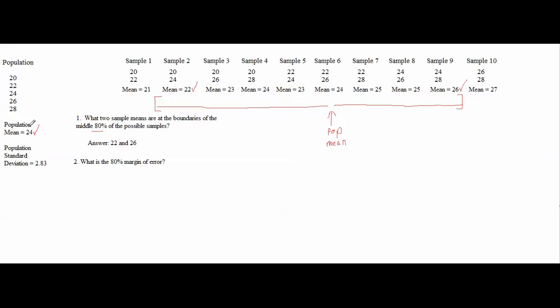So the population mean minus the mean of the lowest sample at the lower boundary of the middle 80% gives you the 80% margin of error. Let's do that. Let's subtract the population mean of 24 by the lower boundary of 22.